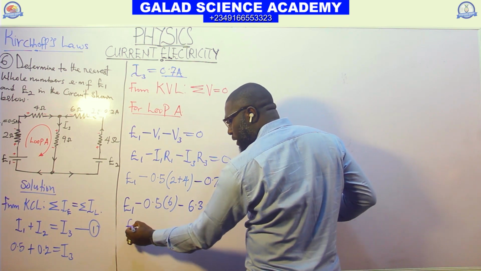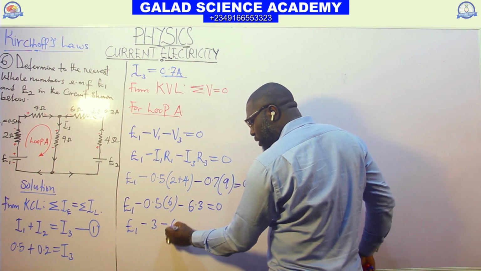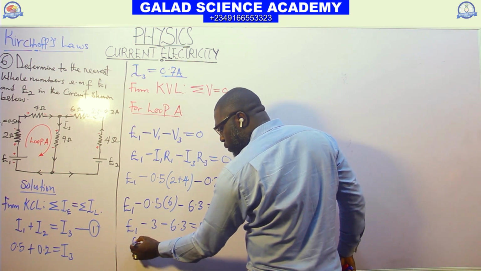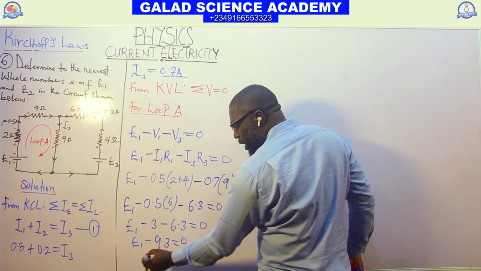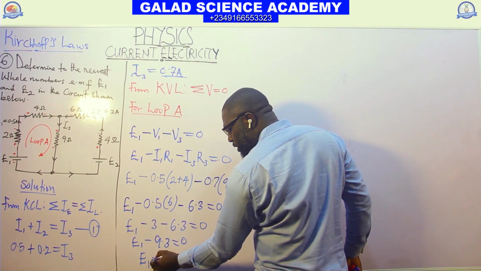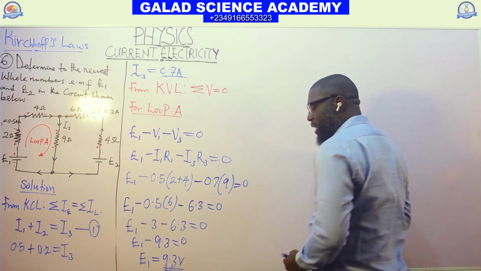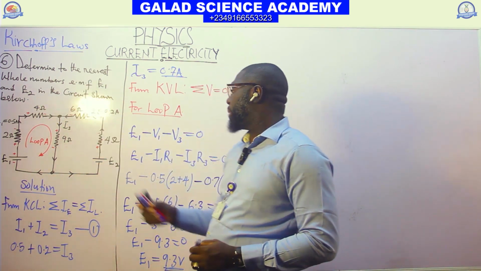Here we have E1, 0 times this, we have 3 ampere minus 6.3 equal to 0. So you now have E1 minus 9.3 equal to 0. The E1 will give us minus 9.3 volts. But you are now asked to approximate to the nearest whole number.